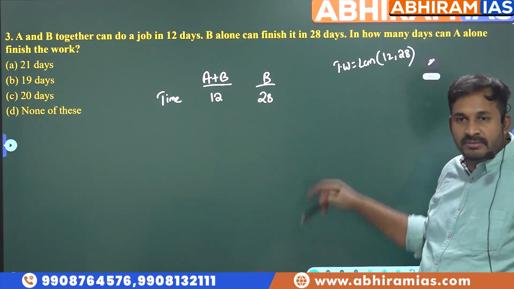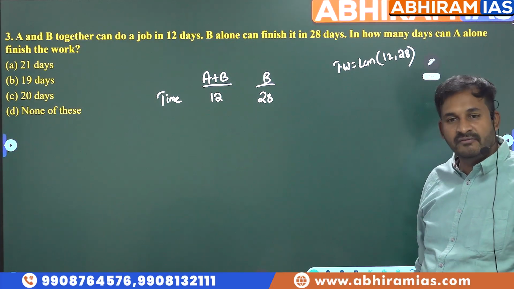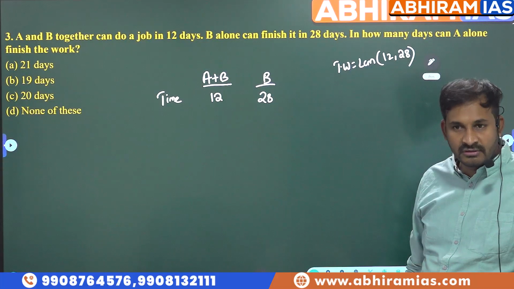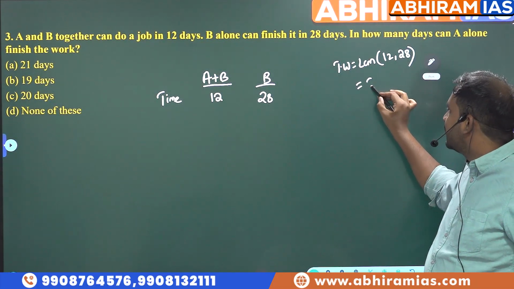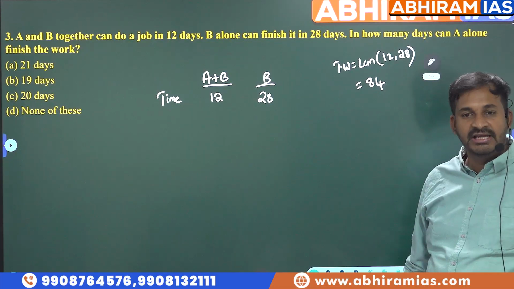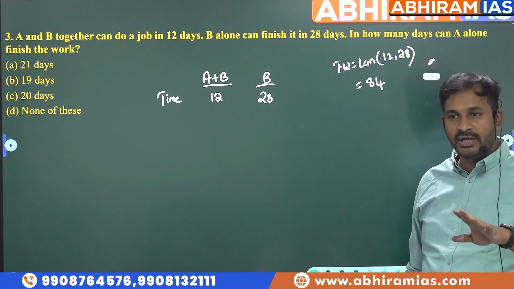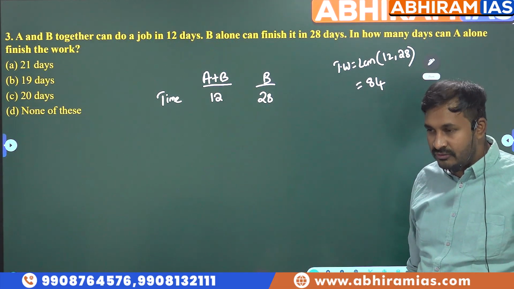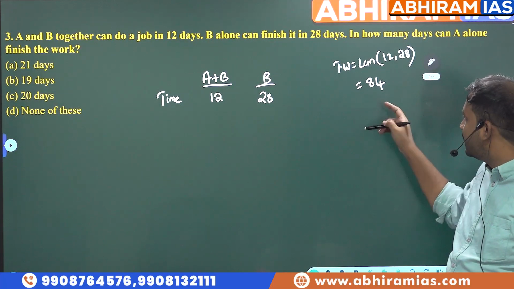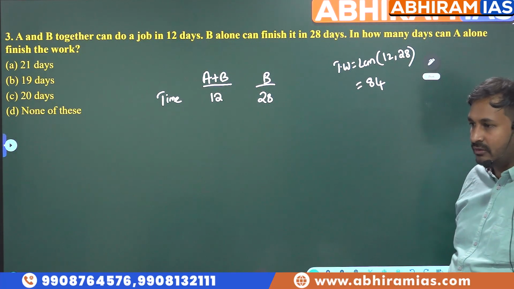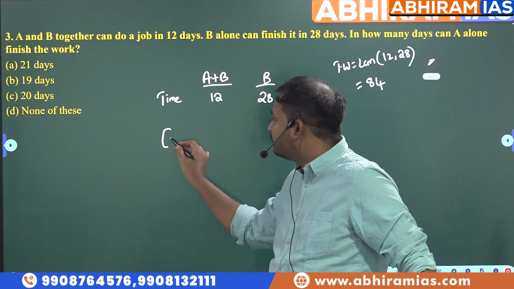Is 56 divisible by 12? No. The next multiple of 28 is 84. Is 84 divisible by 12? Yes. So the LCM is 84. Take the highest number among the 2 or 3 times, whatever times they give you, and simply check the multiples of it. So here my total work will become 84. Now tell me, what is the efficiency of A?